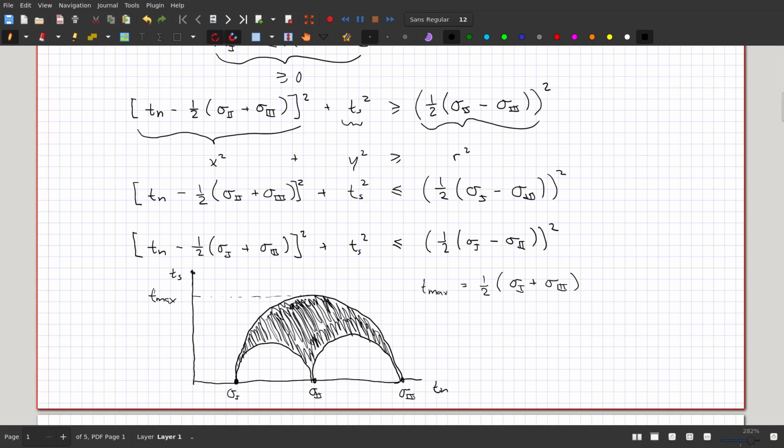And what are these circles called? Mohr circles. And that's where I have this little thing I pulled up earlier.